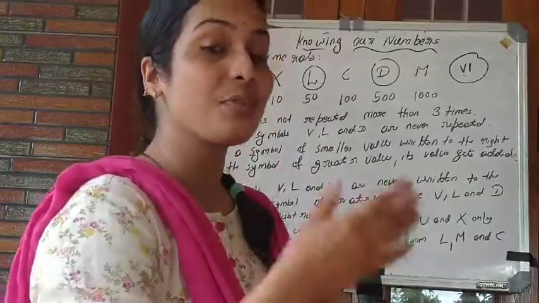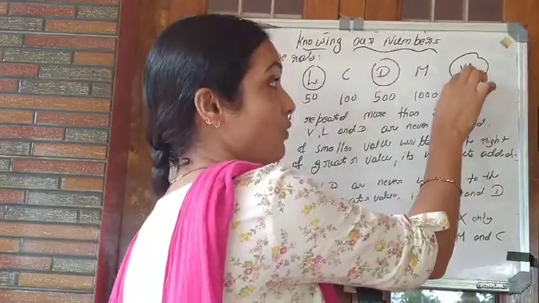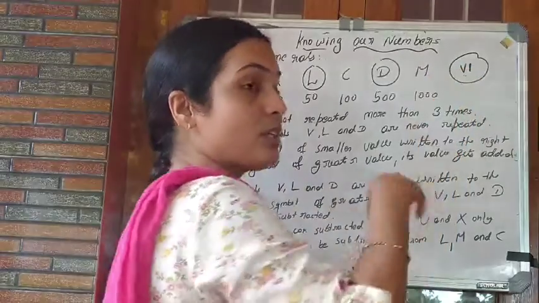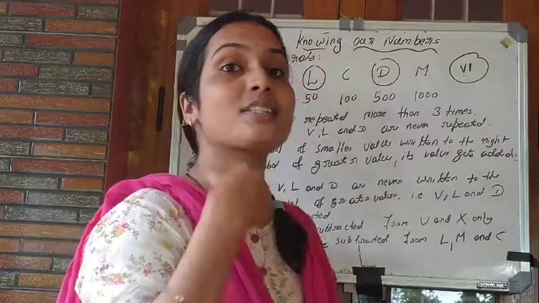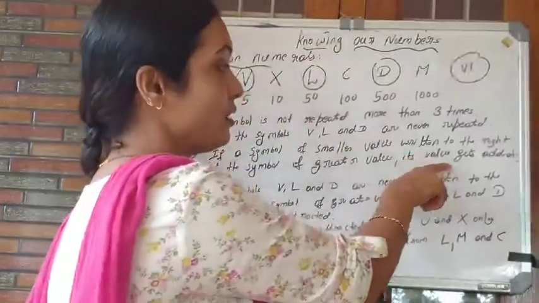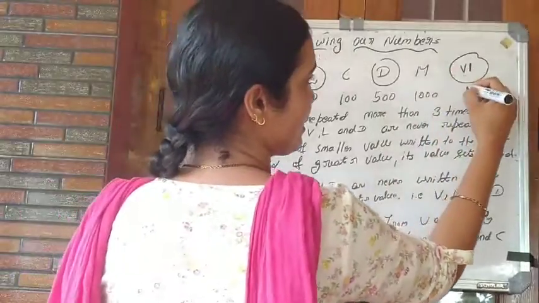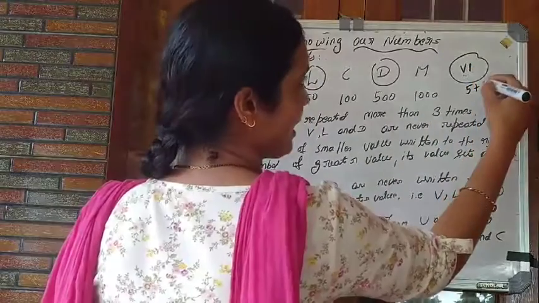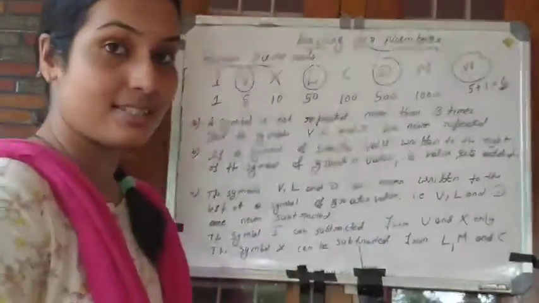What is the meaning of that? If you write the smaller value symbol on the right side of the greater value symbol, the values get added. V indicates 5 and I indicates 1, so 5 plus 1 is 6.